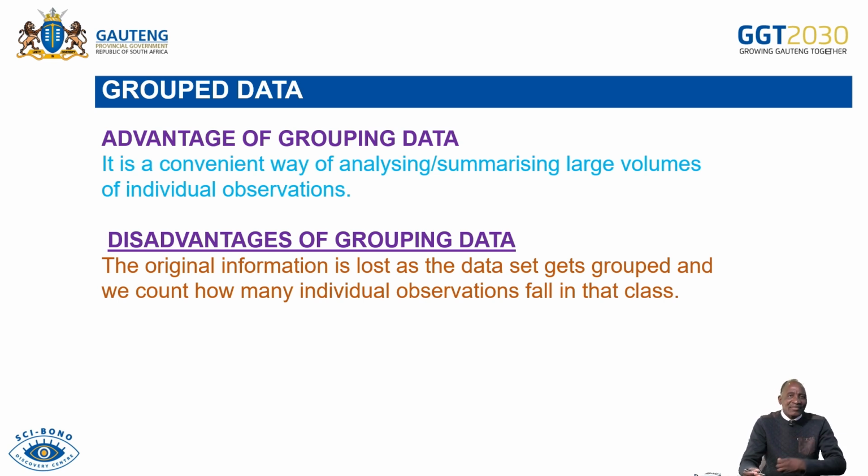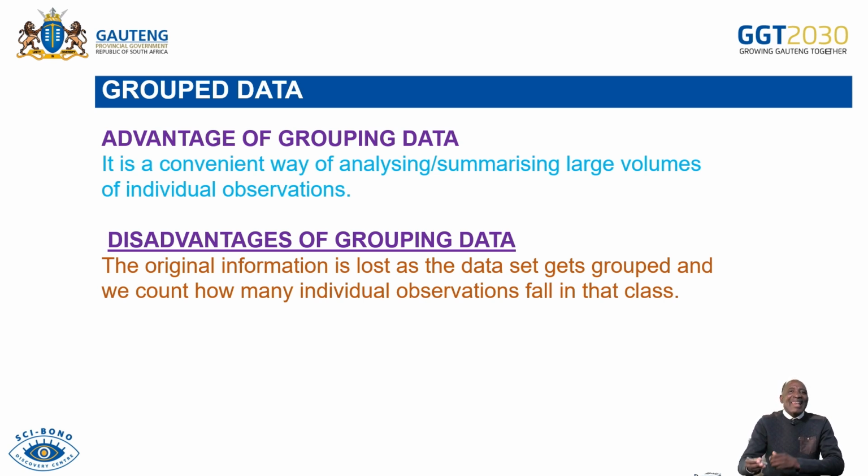It becomes an advantage in that case. So as a statistician, you need to decide, should I put these individuals in groups or study them as individuals? The information that you are working with will always guide you to say, is it necessary to put people in groups?